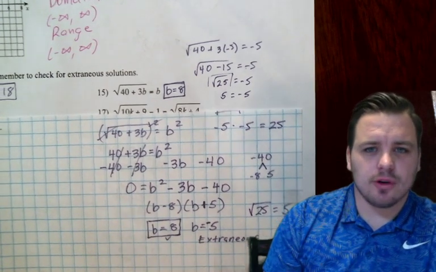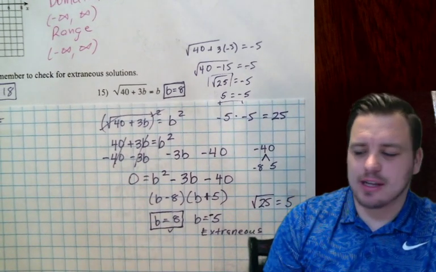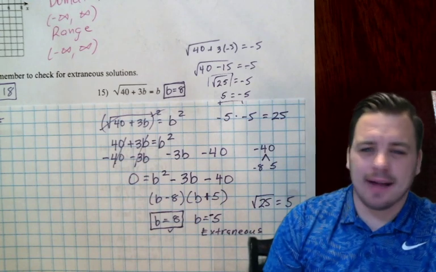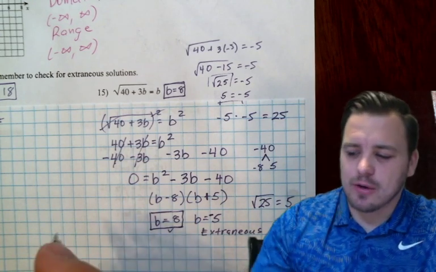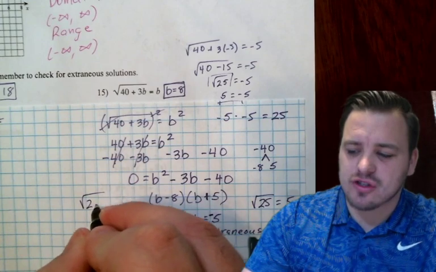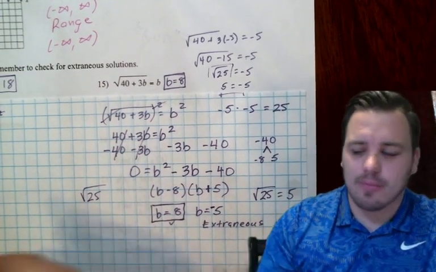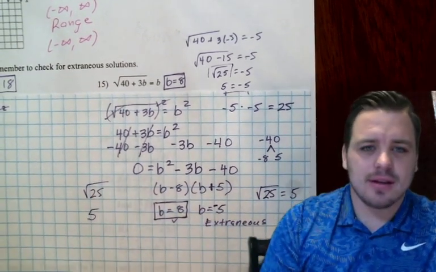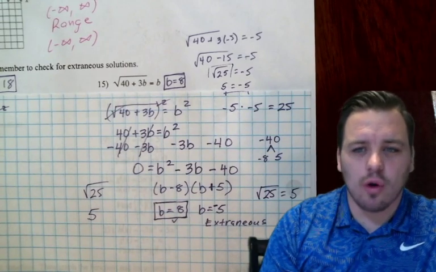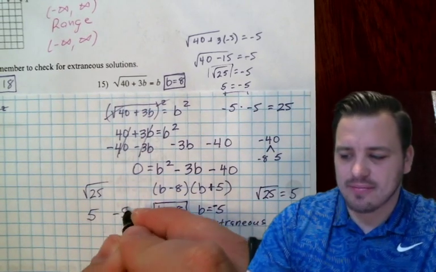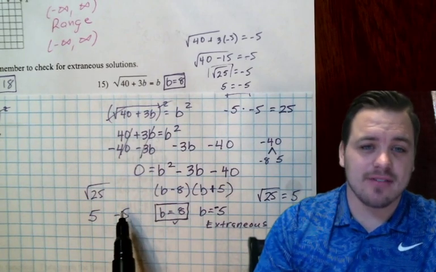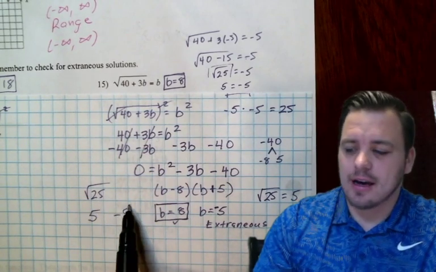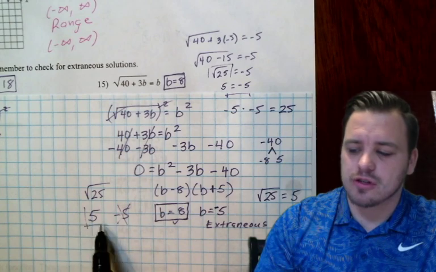And again, the ruling behind them not using negative 5 would be that if I was to just ask you what's the square root of 25, everybody would say 5. Practically no one would say negative 5. While negative 5 times negative 5 is 25, technically speaking, we're just looking for 5 there.